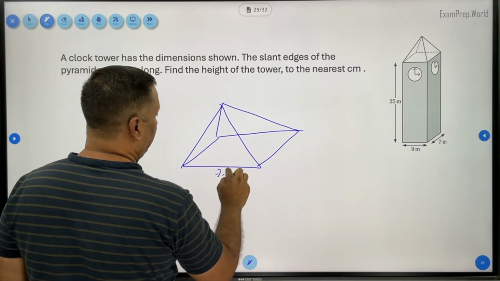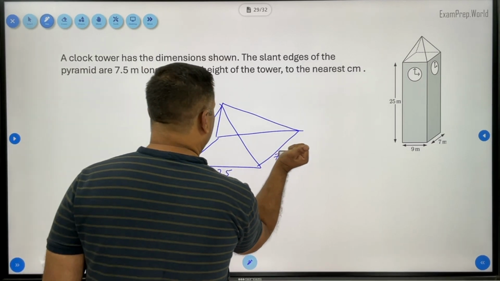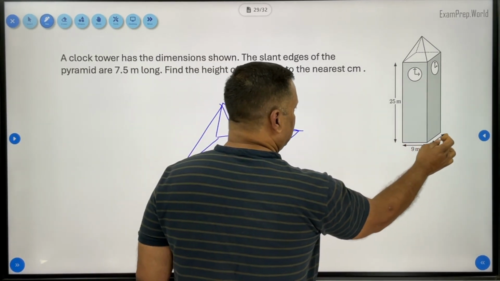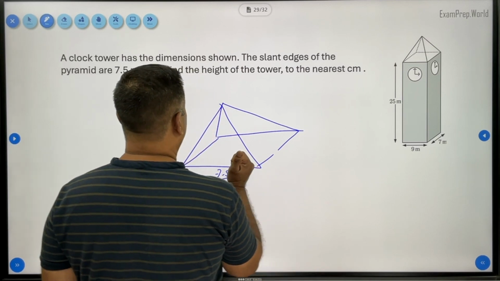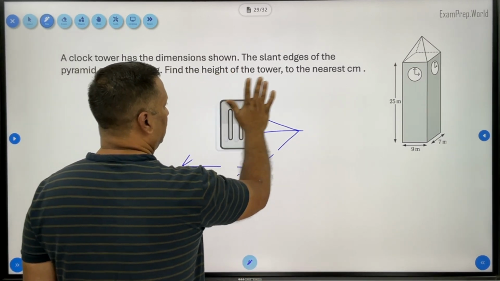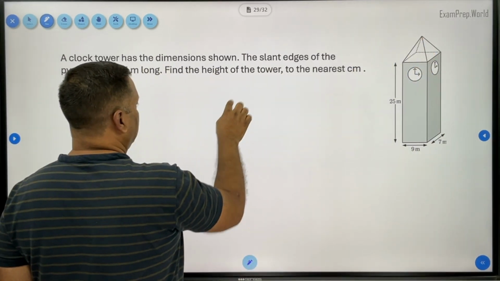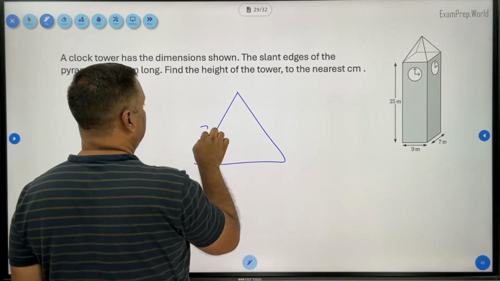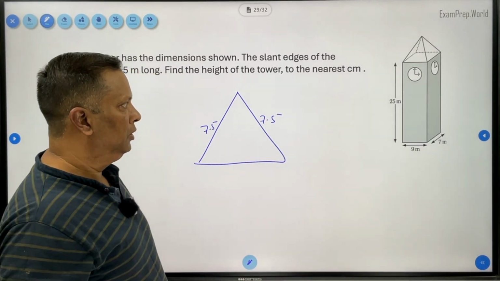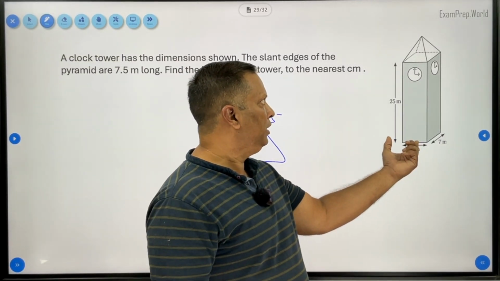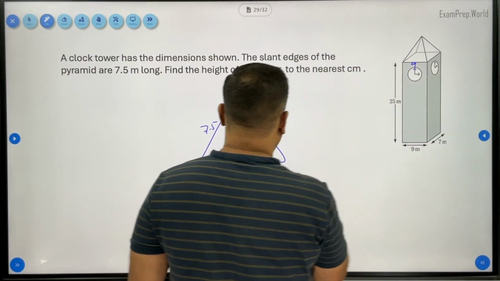So you already have a rectangular base. So edges are 7.5. Let me assume that this is 7.5, this is 7.5. Now we have something called 9 over here, right? So this part is 9.